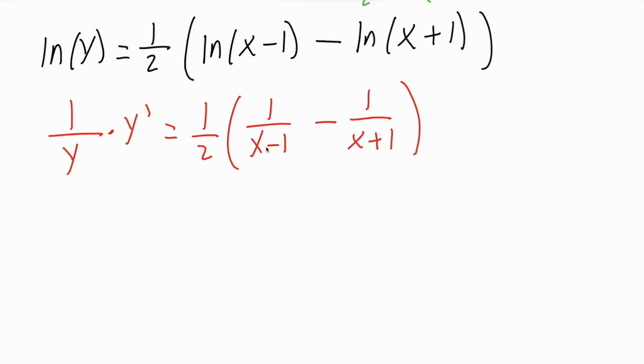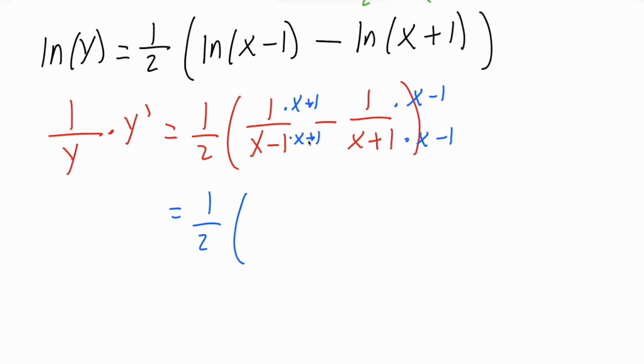Now here we have an x minus 1, here we have an x plus 1, and here we have a minus sign, so we need to get a common denominator. So we can say we have 1/2 of, I'm going to multiply this piece by x plus 1 on top and bottom, and this piece by x minus 1 on top and bottom. Because x plus 1 divided by x plus 1 is 1, and likewise x minus 1 divided by x minus 1 is 1, we're not making any actual changes.